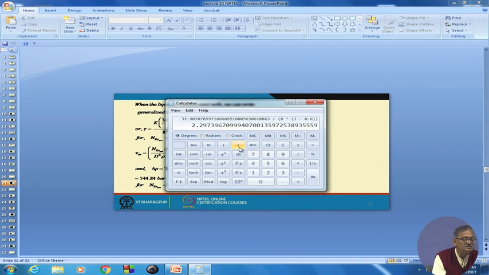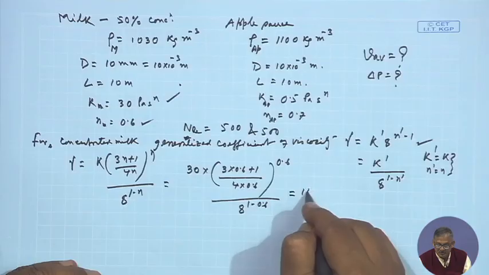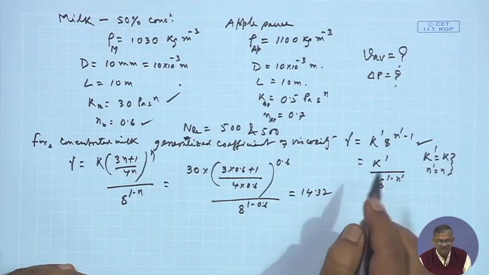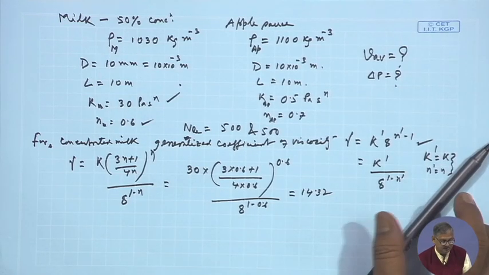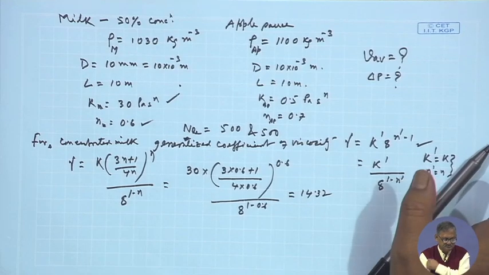So much is equal to 14.32. Right. This is for gamma, right.